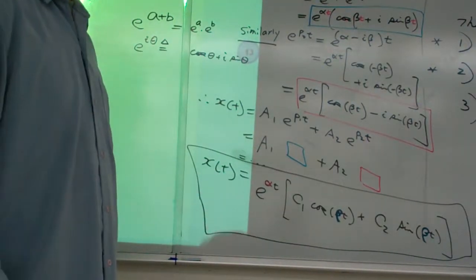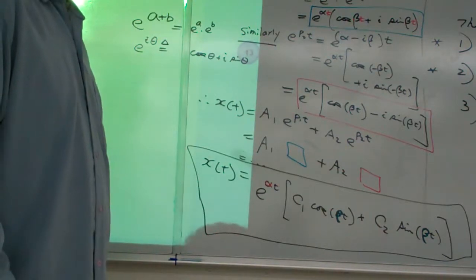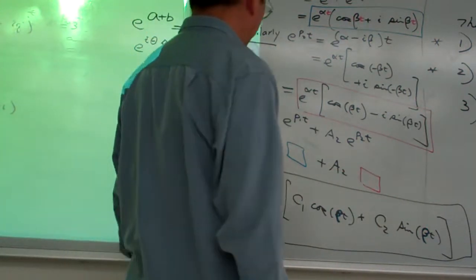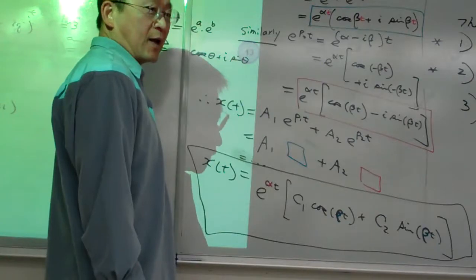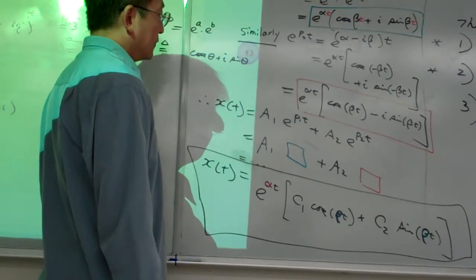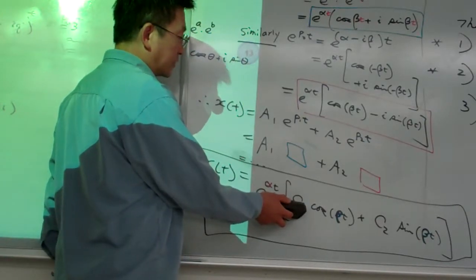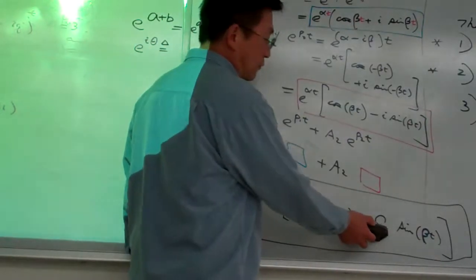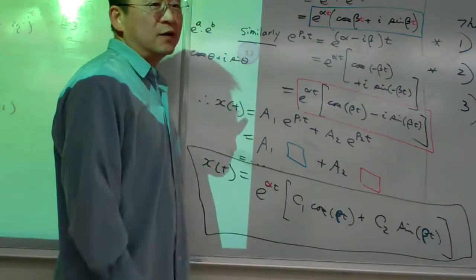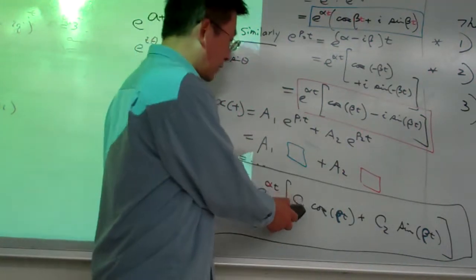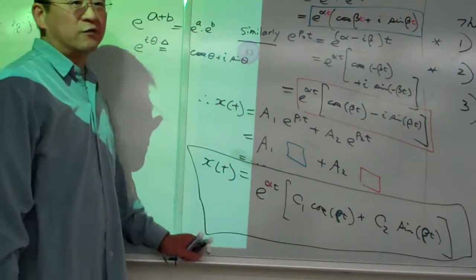How does the sine in that final form come into play? Because you're summing that. I see how the imaginary signs cancel out, but I don't know where the sine comes from in the final form. So basically, C1 is A1 plus A2 something, C2 is A1 minus i times A2 something. I don't care about the contents because C1 and C2 are going to be solved by the initial conditions.